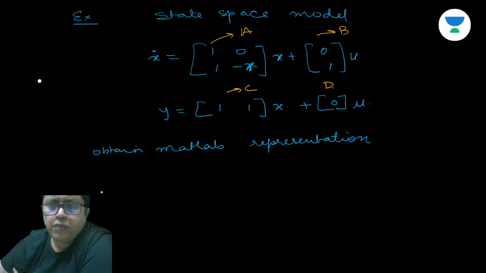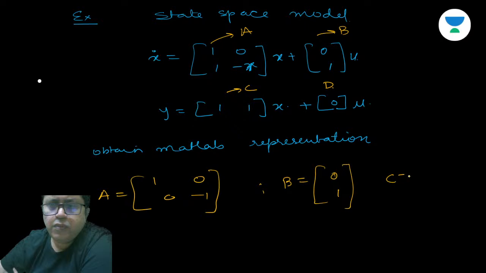So A is equal to [1 0; 1 -1], B is equal to [0; 1], C is equal to [1 1], and D is equal to 0.